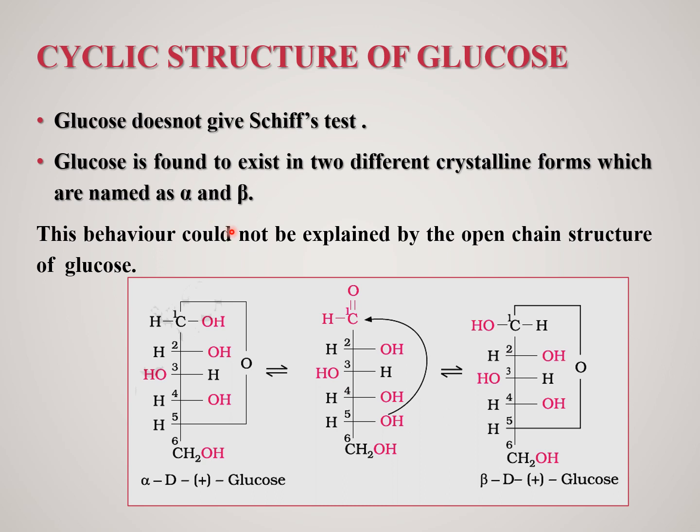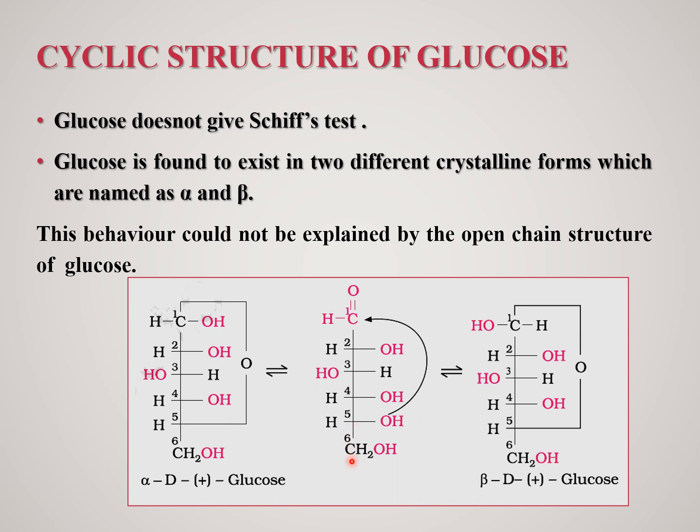Now let us look at the structure of glucose open chain. I want you to look at the center molecule, what we can see on the screen here. The first carbon atom is aldehyde, carbon number 1, it's all numbered. Carbon number 2 has got H on the left, OH on the right. Carbon 3 has got OH on the left, H on the right. Carbon 4 has got H on the left, OH on the right. Carbon 5 has got H on the left, OH on the right.